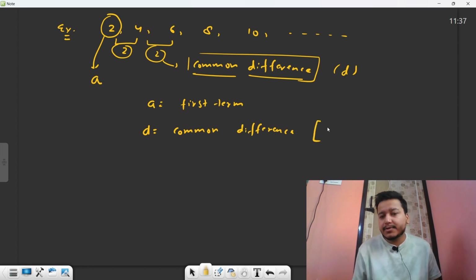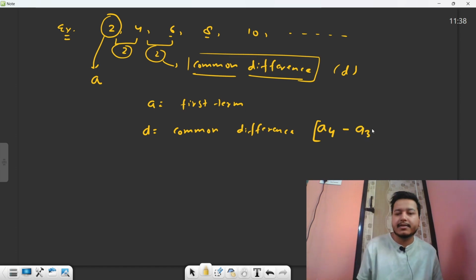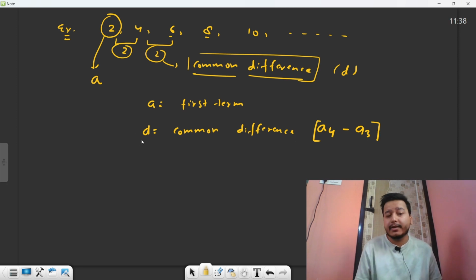If we subtract any two consecutive terms, like this is the fourth term and this is the third term, so if we subtract the third term of an AP from the fourth term, a4 minus a3, we will get d.